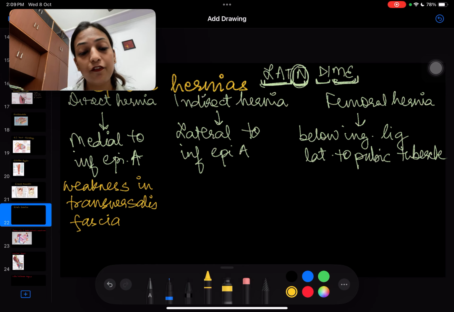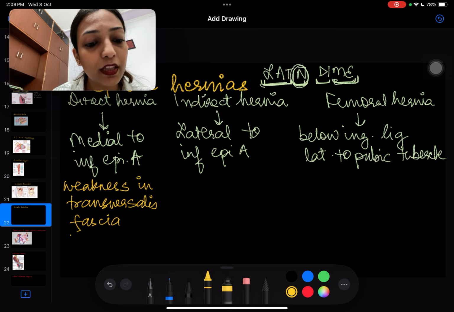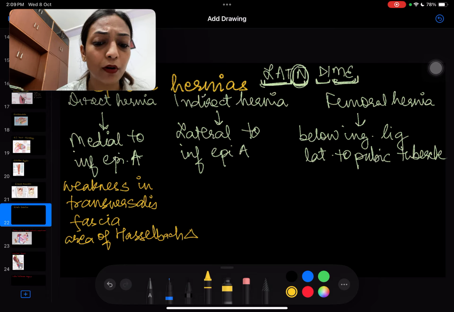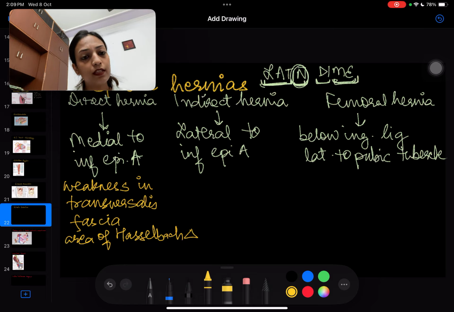Okay, where is it weak? Is it weak everywhere in the body, like everywhere in the abdomen? No, it is weak in the area of Hesselbach triangle. What is Hesselbach triangle? Please don't ask me, go and read about it.